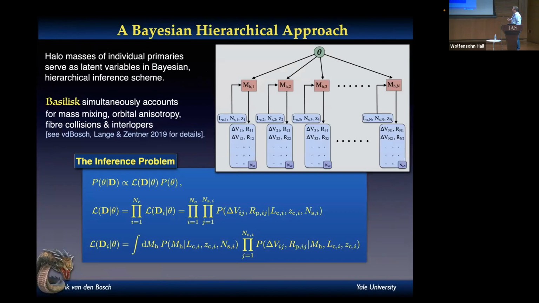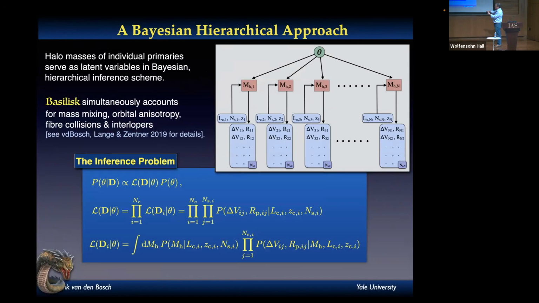So how does it work? Well, it is a Bayesian hierarchical approach. I don't want to go through the details. I want to just highlight this thing. This is basically what we grind on a billion times: given a model, theta, these 12 parameters of my conditional luminosity function, what is the likelihood of the data? And for that, I say, well, for a given central at a given redshift, I don't know what halo mass it lives in.